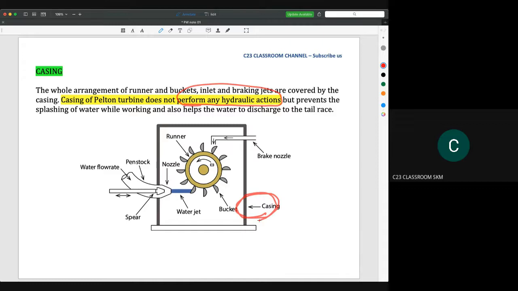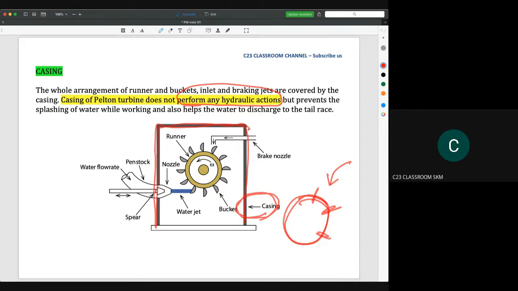As you could see with the water wheel, a water wheel can work if you only have the wheel and also the water flow. That's it. You can use the water wheel because the pressure for the Pelton wheel is actually atmospheric pressure. However, the casing here is to make sure that safety at the dam is good.